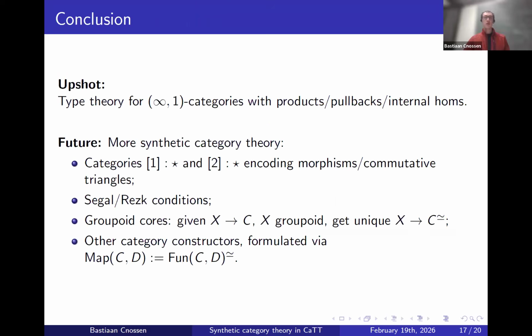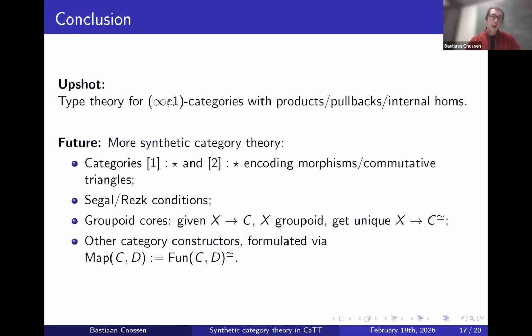Okay, so let me wrap up. So the upshot is what I've described so far is a type theory whose models are infinity one categories, which have products, pullbacks, and internal Homs.